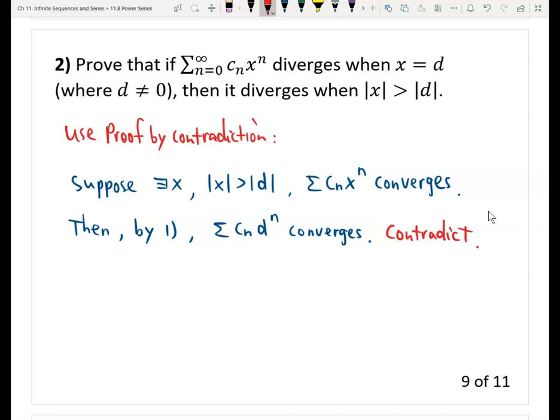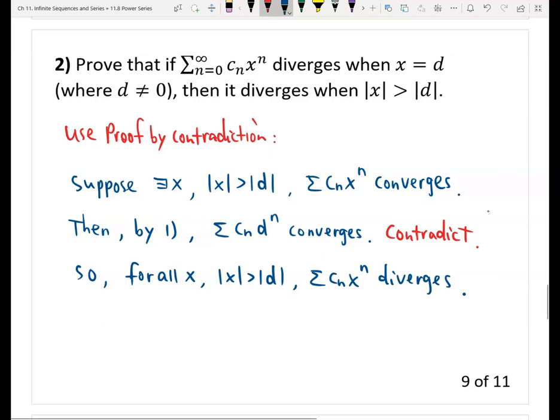Which means our hypothesis, this supposition, is not correct. Therefore, there does not exist a number x greater than D where it converges. Therefore, for all x greater than D, all these series diverge.